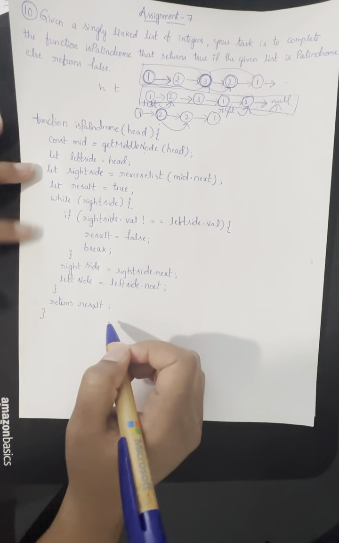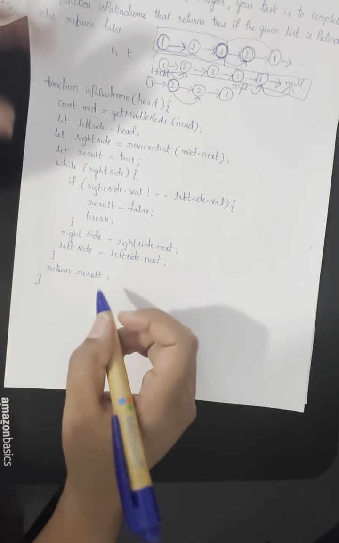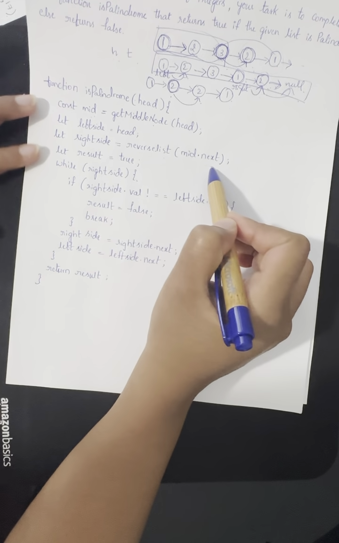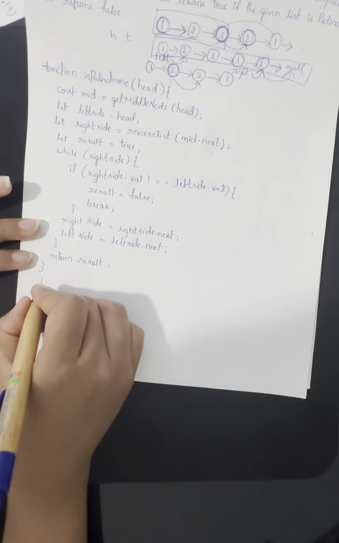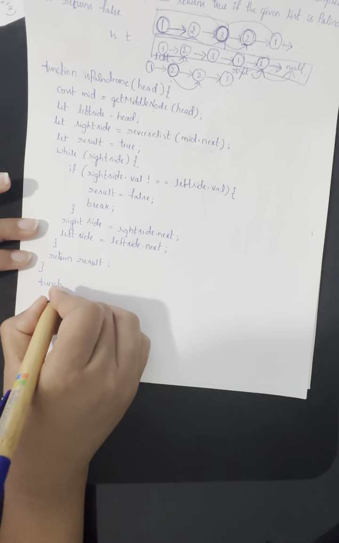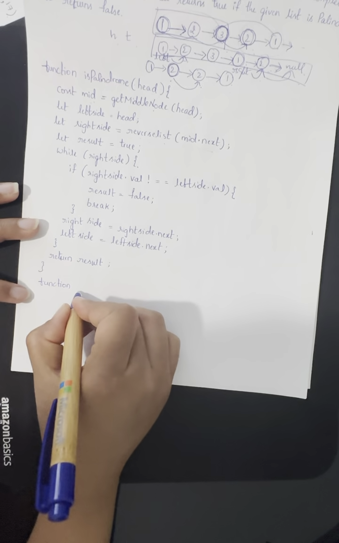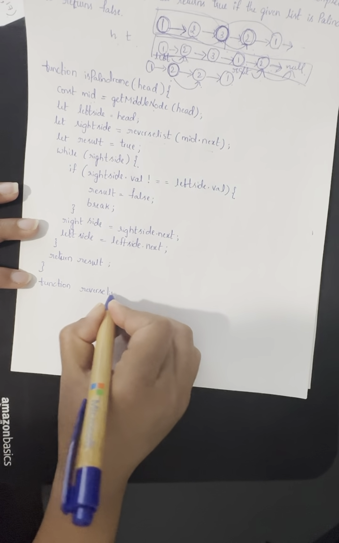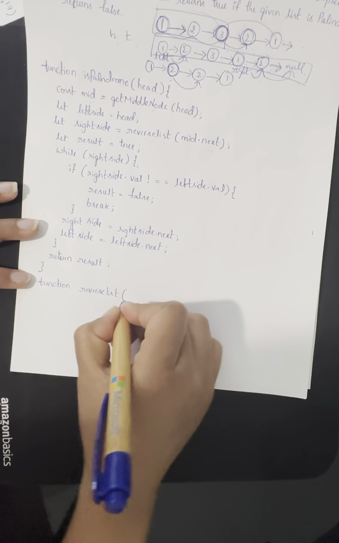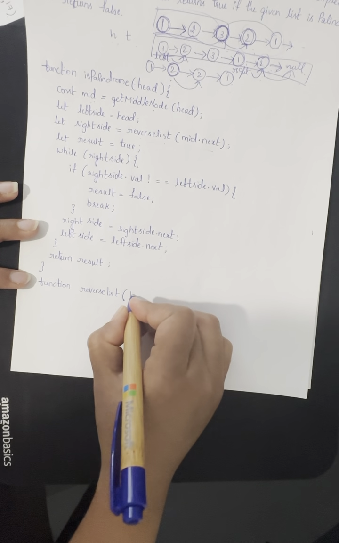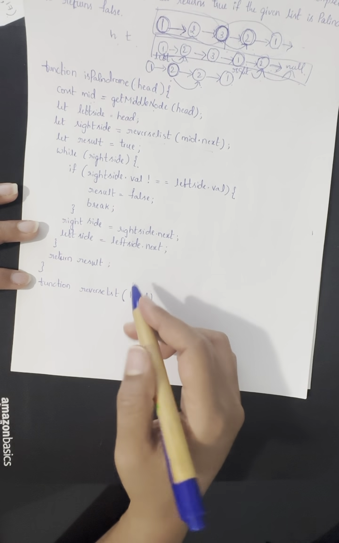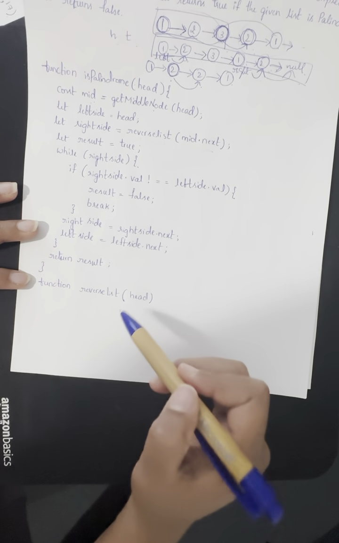So this is the code, but we still need to write two functions, get middle node and reverse list. So let's write both of them. First let's write the reverse list. So function reverse list. Let's assume the node that we got here as head.